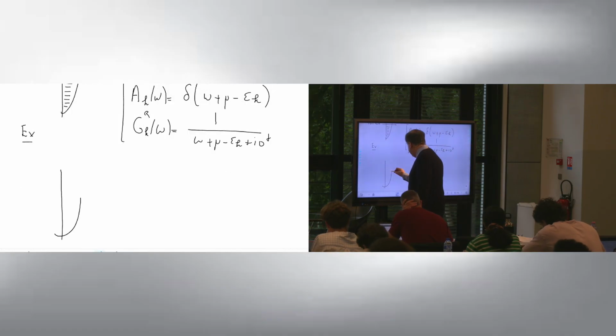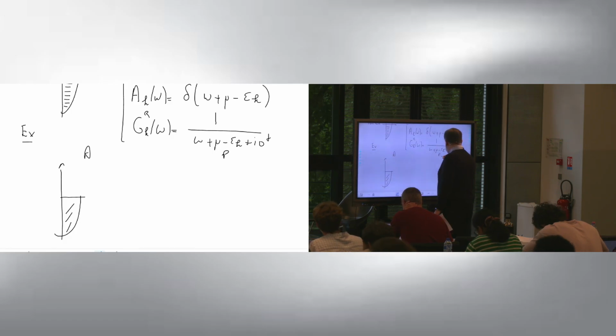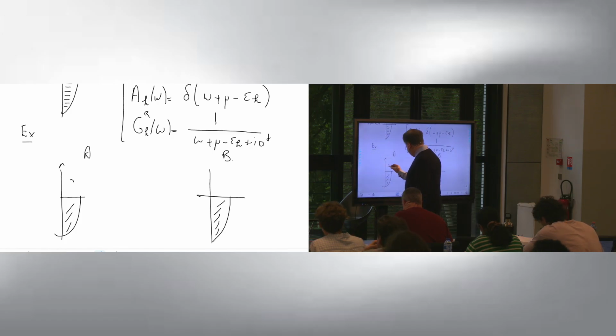I'll make you a little picture. The A's, the B's. So the first one consists in putting an electron at a higher energy.